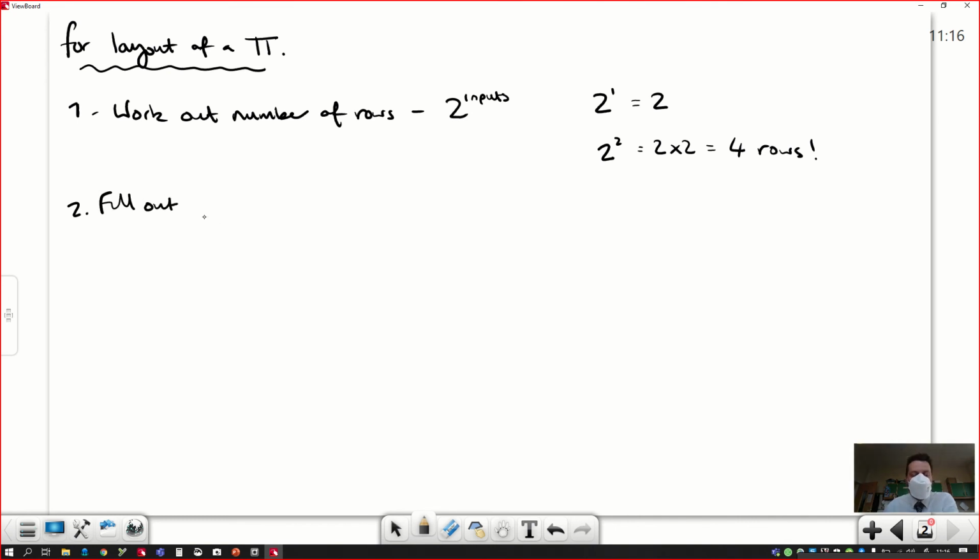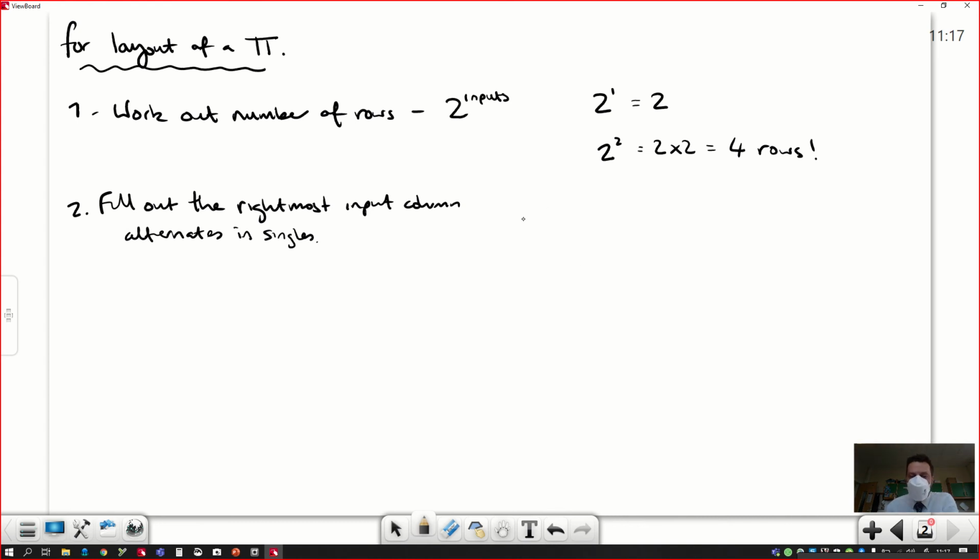Step 2, fill out the rightmost input column. Alternates in singles. What do I mean by that?